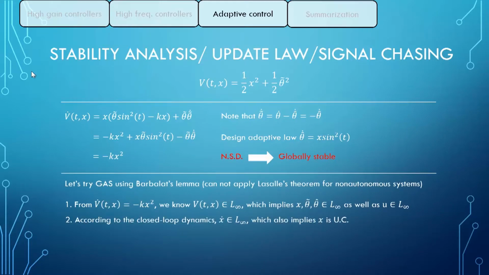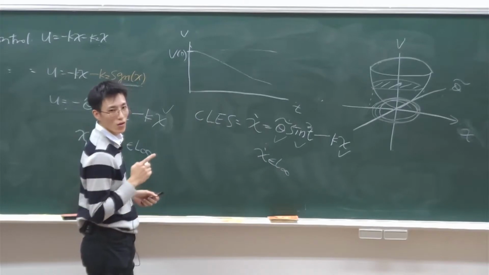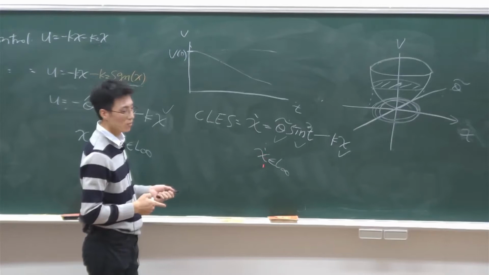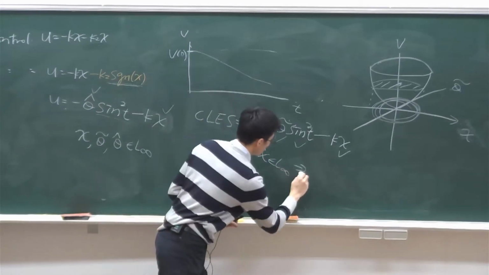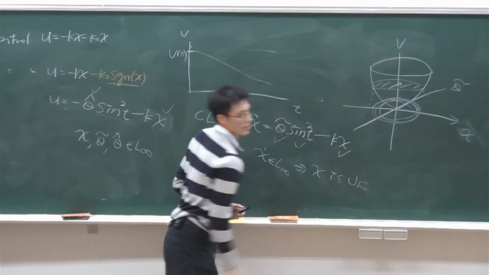Because this is bounded, your x dot will be bounded, right? What does it mean if x dot is bounded? It means x is uniformly continuous.